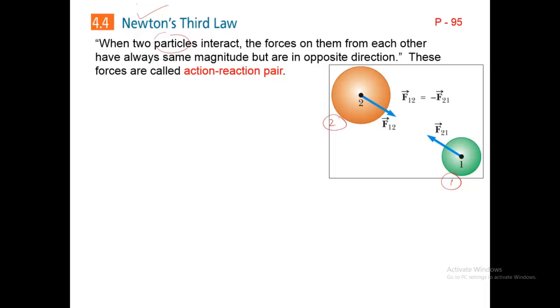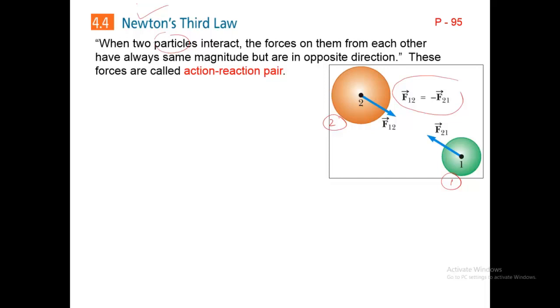Now this object applies a force on it, F12, the force on 1 by 2, and this object applies a force on it, F21, the force on 2 by object number 1. F12, the force on 1 due to 2, is equal to negative F21, the force on 2 by object number 1.